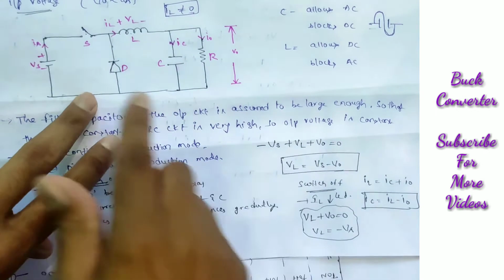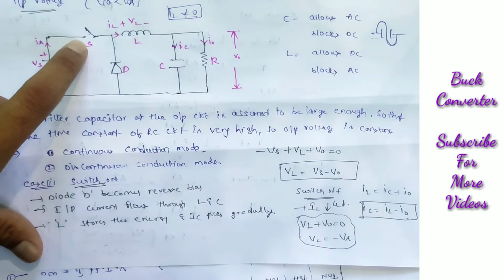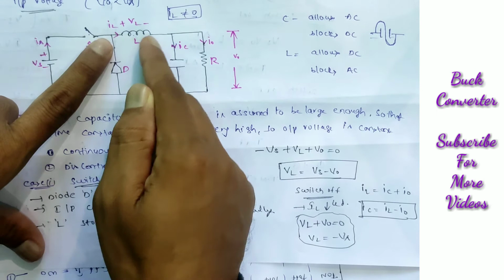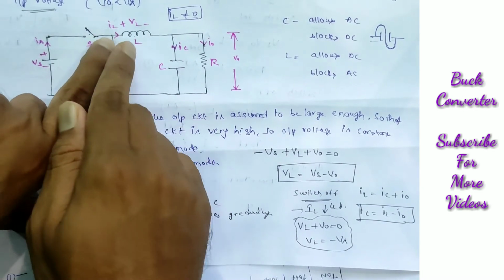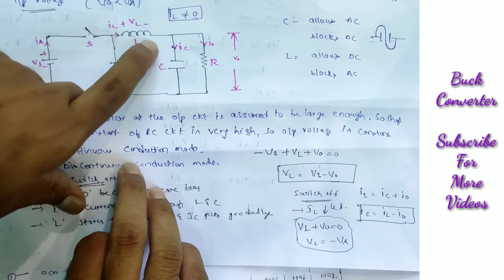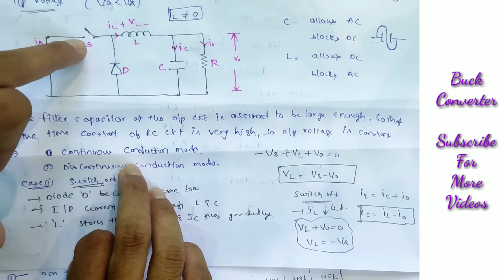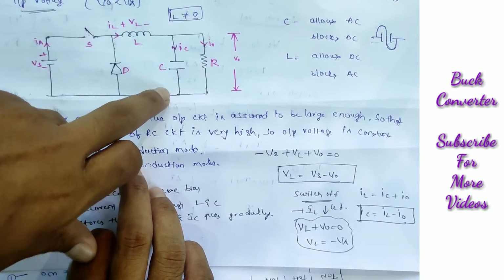Then when the switch is in the off condition, that is the open condition, the inductor dissipates the energy in the form of current. The IL current will be reduced because the switch is opened. This stored energy is dissipated in the circuit.